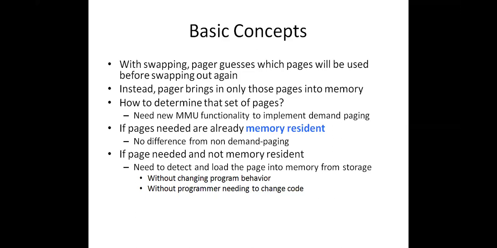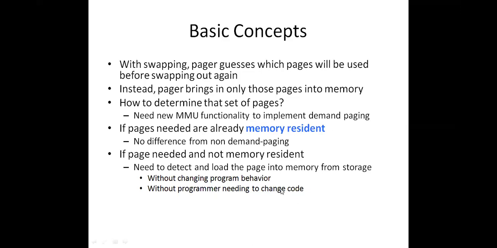The user does not need to change his code for moving a page from secondary memory to main memory. There is no user involvement. The user never knows that my page is still in the secondary memory. That information is not known to the user.